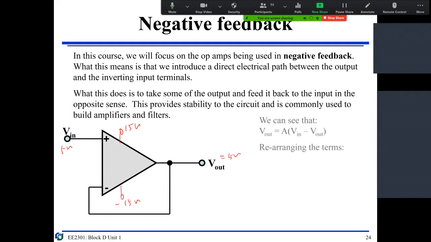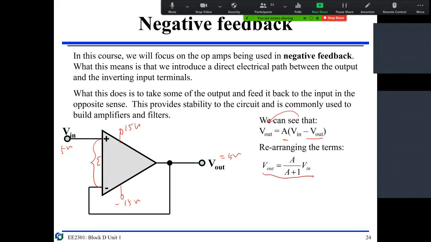Why? Because V out is A times epsilon, and epsilon is the difference between these two, so V in minus V out. So I move A times V out to this side, then I get V out equals V in.